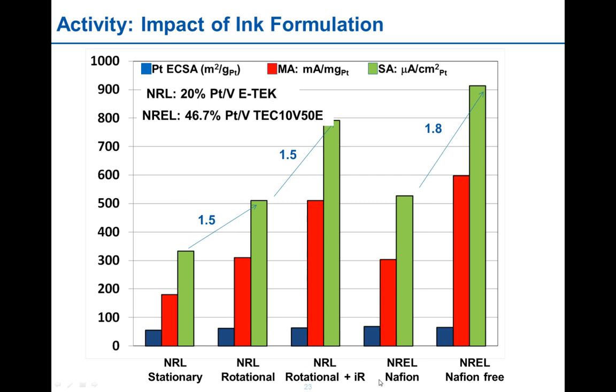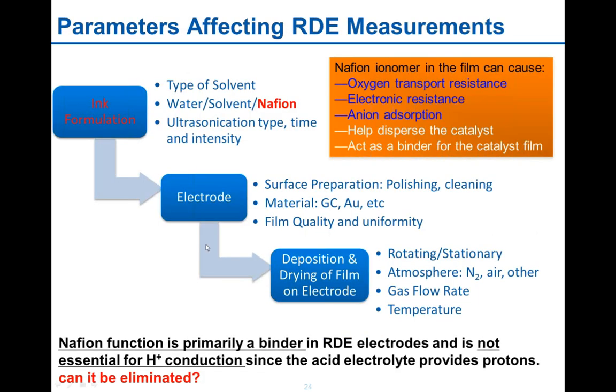Now, if we take the IR corrected curve, you can see again that the activity increases by another 1.5. And in the case of NREL, where they looked at the influence of Nafion, when you do all these optimization processes, you start to see better and better numbers. So there is probably a role for us to look at optimizing ink formulation and films when we do RDE testing. Next slide, please.